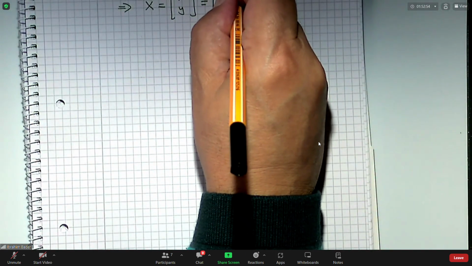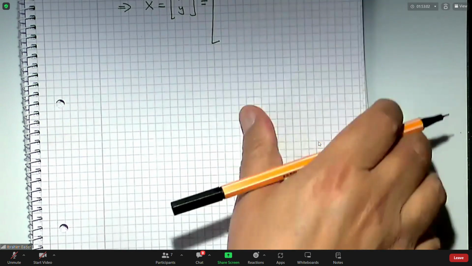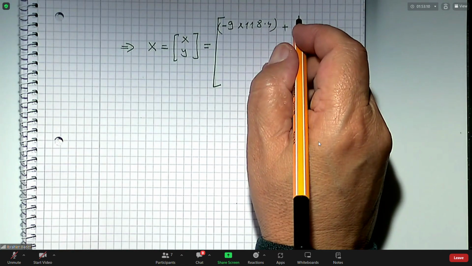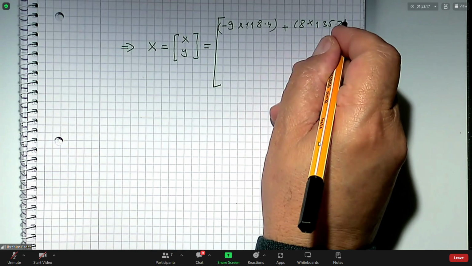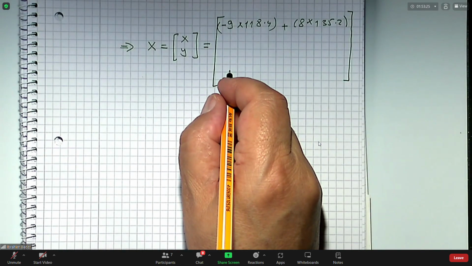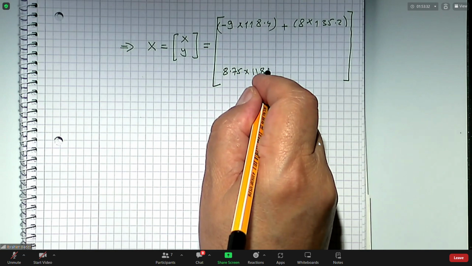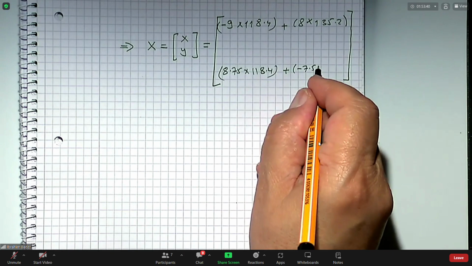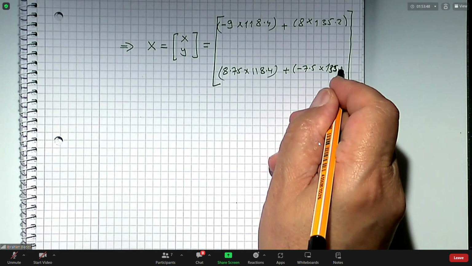Okay, negative 9 multiplied by 118.4 plus, no, it's plus 8 times 135.2, and in the second row here you get 8.75 multiplied by 118.4 plus minus 7.5 multiplied by 135.2.